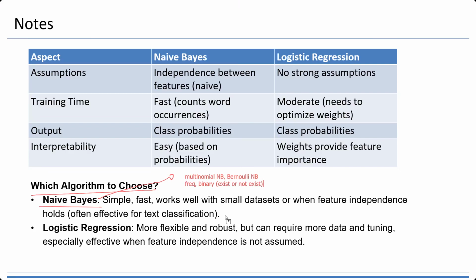It is simple, fast, and works well with small data sets. For the assignment, the 30,000 is actually still small, though there are so many texts. So it is effective for text classification. Logistic regression is more flexible and more robust, but it requires more data and tuning, and is especially effective when feature independence is not assumed.